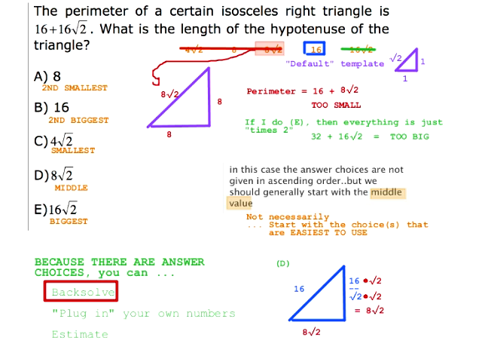And so is that. So, aha, the perimeter is exactly what I want it to be. It's 16 plus 16 square roots of 2. And I win the game. There it is. So, okay, any questions about this?